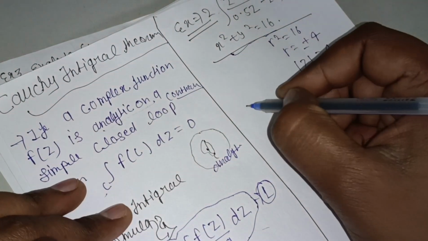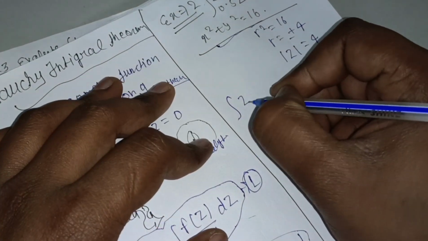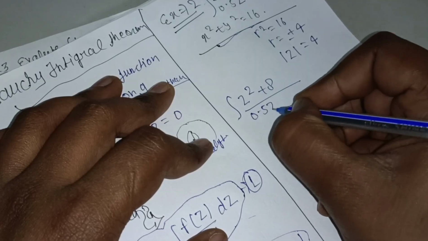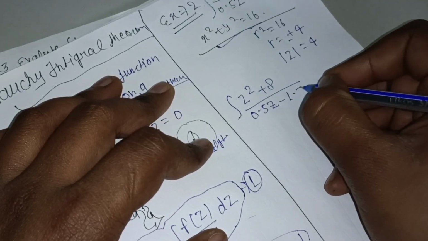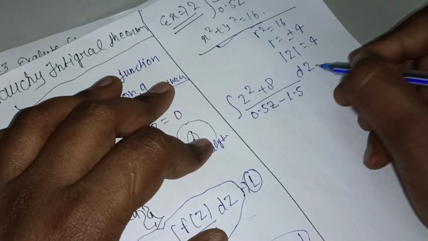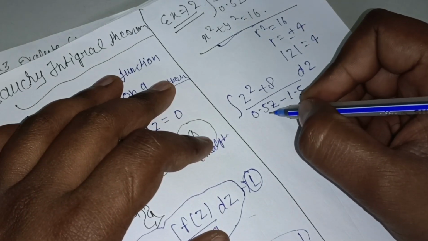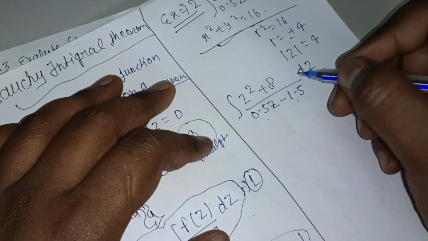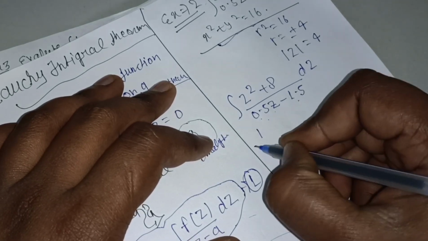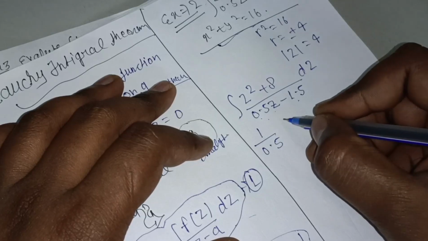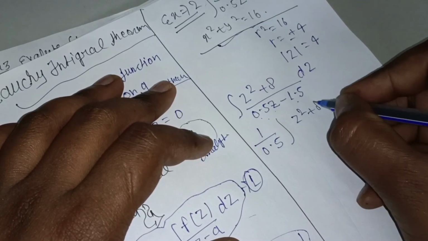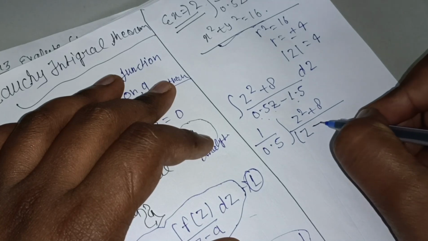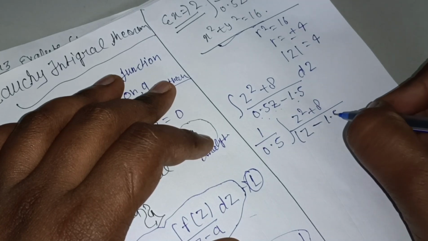First of all, we have been given z square plus 8 upon 0.5z minus 1.5 dz. See, in 0.5z, if we take 0.5 common, then z square plus 8 stays as it is, and 0.5 has been taken common, so z minus 1.5 upon 0.5.